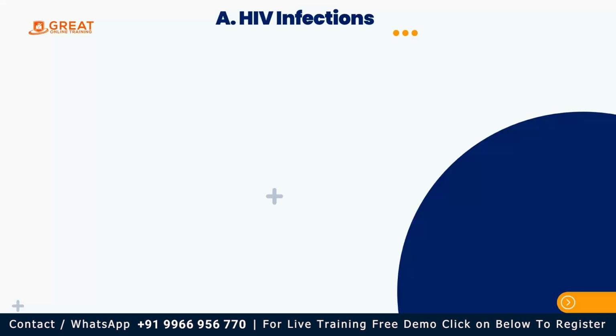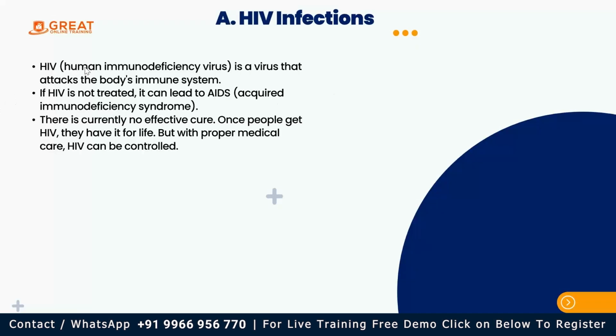You just have to find it. So HIV is the human immunodeficiency virus, the virus that attacks the body's immune system.